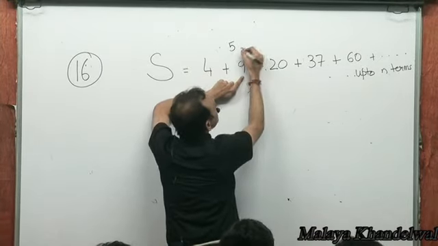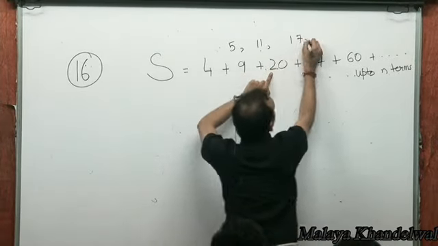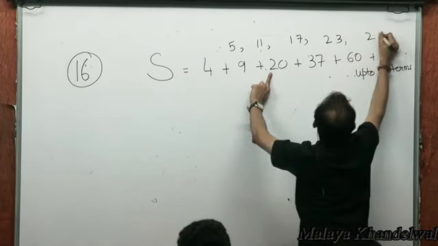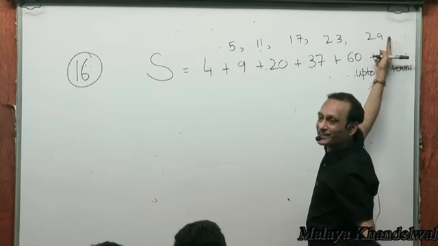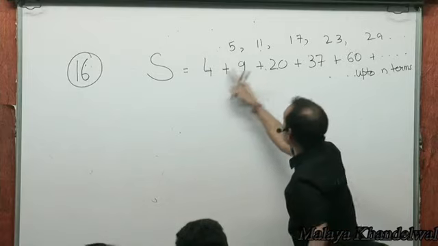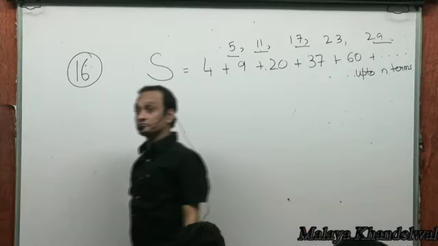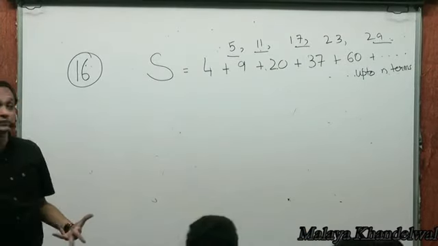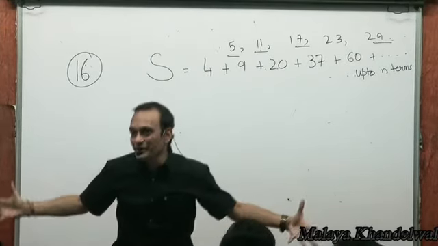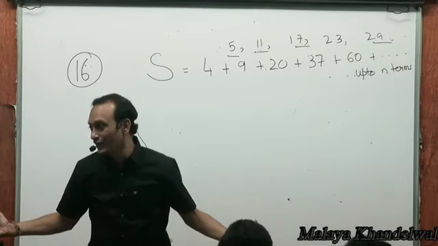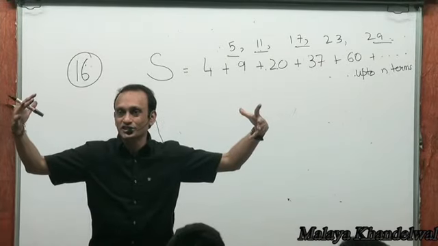The difference from here to here is 11. From here to here, 17, 23, 29, etc. The differences are in arithmetic progression. Do you see that? The differences between consecutive terms constitute an AP with common difference 6. Do you realize that? So you would have to devise a way to expose these numbers, because you'll be more comfortable dealing with these numbers and adding if required, right? Because they are an AP. So you would have to devise a way to get these numbers exposed and unleashed, right?